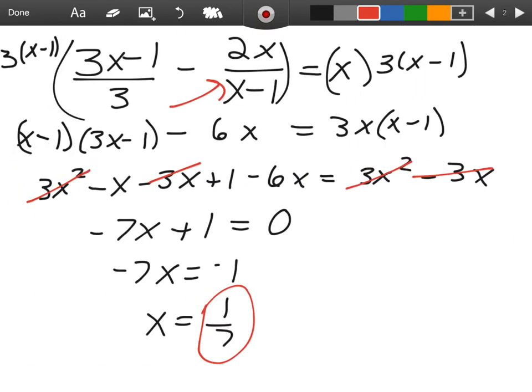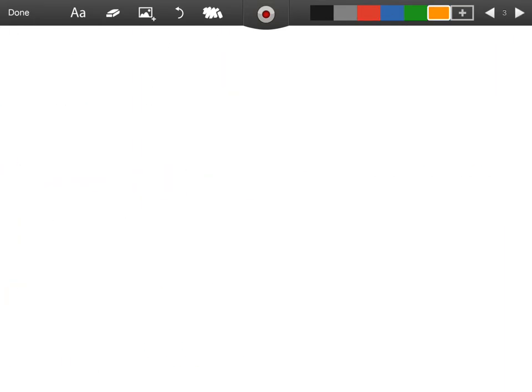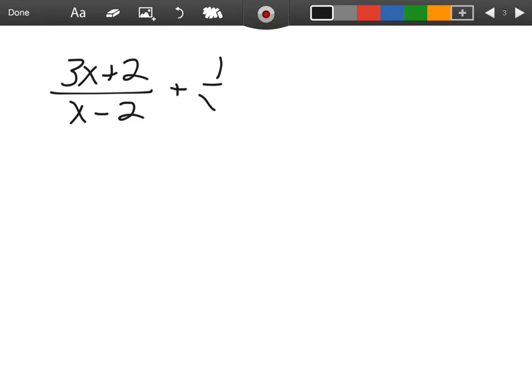Okay, now this one I just did, you see that I ended up with some x squared terms, but they disappeared. This next one, we're going to end up with x squared terms, and they're not going to disappear. So let's do 3x plus 2 divided by x minus 2 plus 1 over x equals negative 2 over x squared minus 2x.